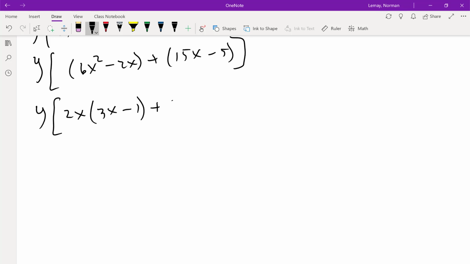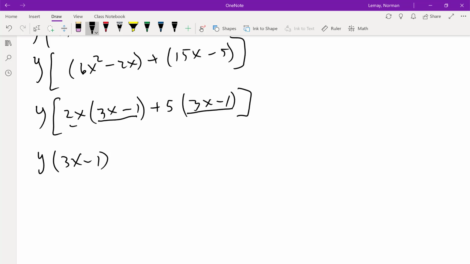And over here we can factor a 5, and we're left with 3x minus 1. So again, bring our y down. So notice we have a 3x minus 1 and a 3x minus 1. So we can pull out the 3x minus 1, and notice that we're left with the 2x plus 5. And that is how we play this game.